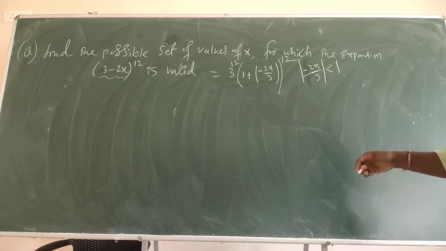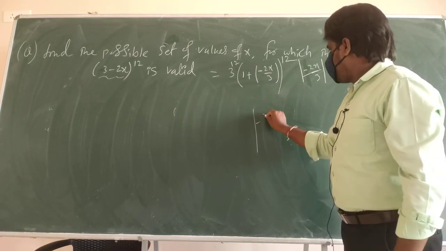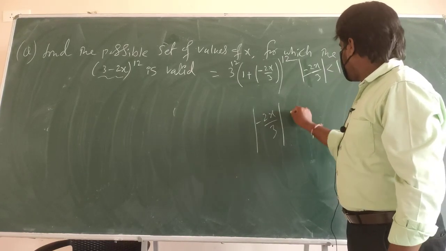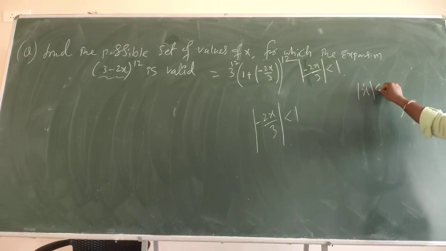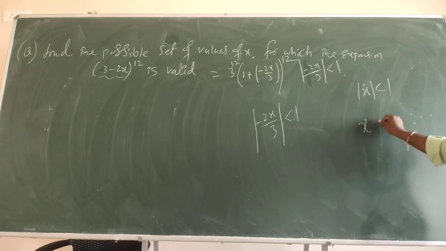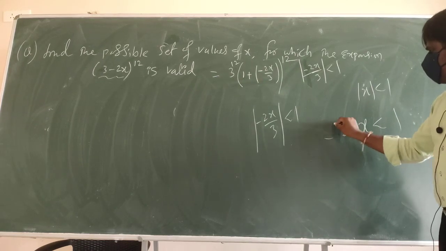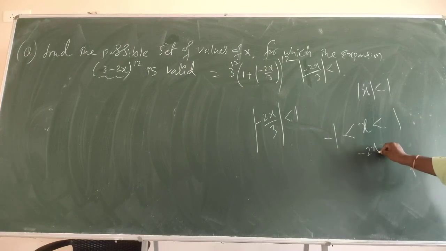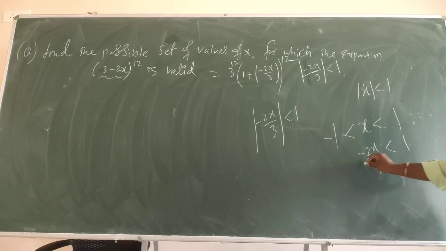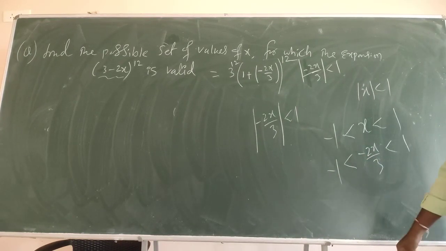You can solve, sure. What will you write here? Modulus of minus 2x by 3 less than 1. If you have modulus x less than 1, what is the formula? x is in between minus 1 and 1. So what can we write here? Minus 2x by 3 is between minus 1 and 1. Just use this.